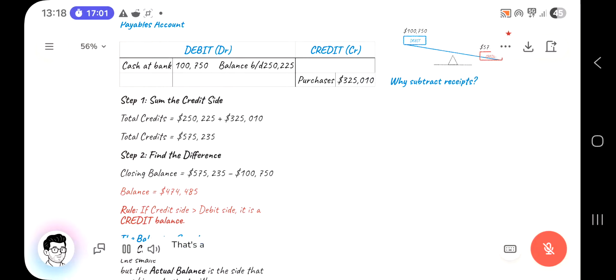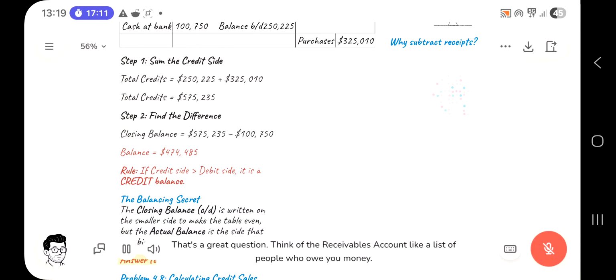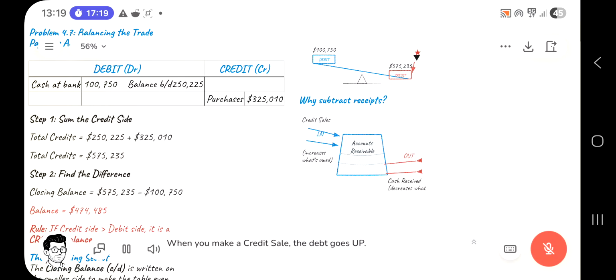That's a great question. Think of the receivables account like a list of people who owe you money. Credit sale, the debt goes up. You add it. But when a customer gives you cash, they don't owe you that money anymore, right?